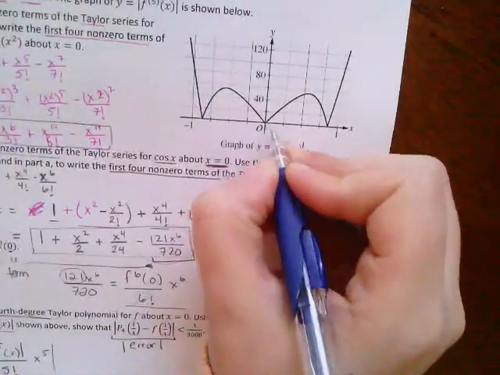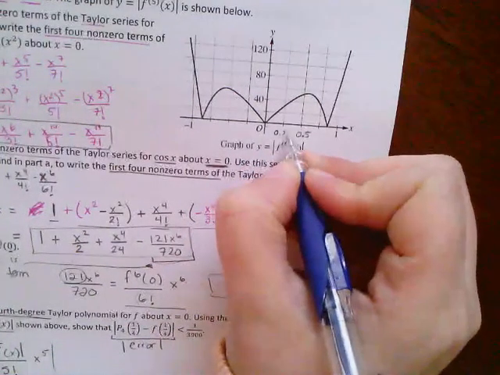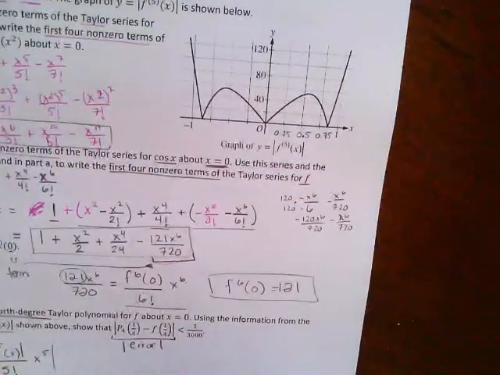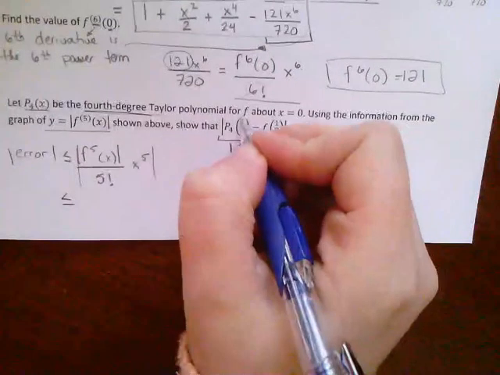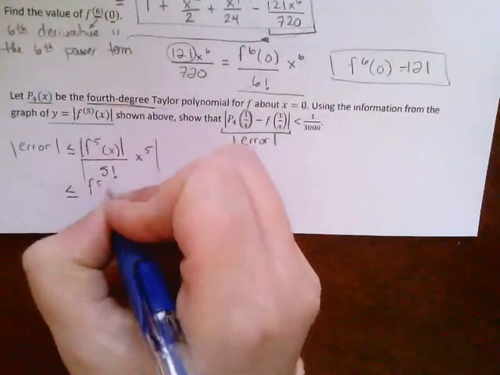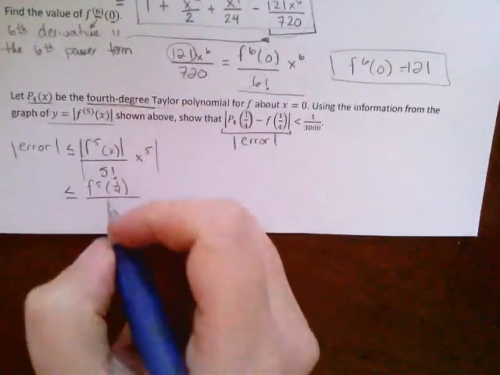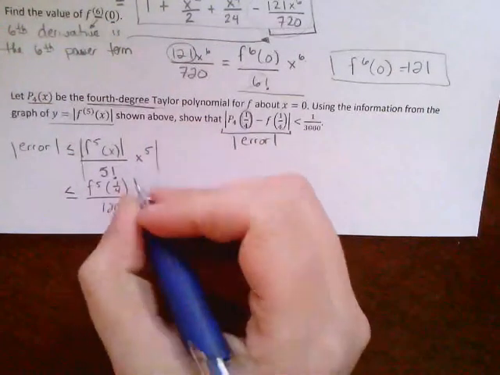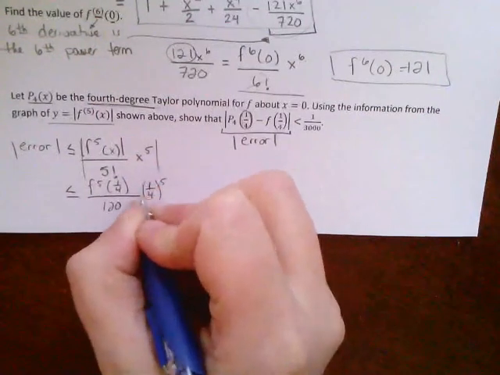Here is 1, this is 0.5, this is 0.25, 0.75. So which x are we worried about? The x that we're worried about is going to be 1/4, over 5 factorial, which is 120, times x to the fifth, which again is going to be 1/4 to the fifth.